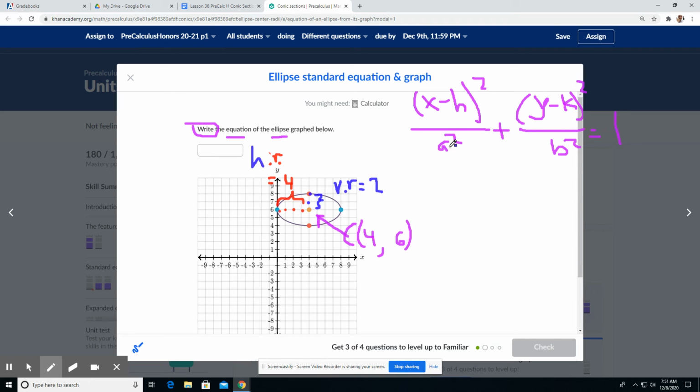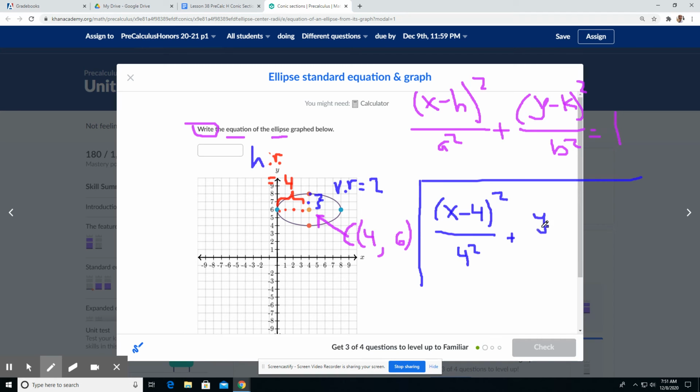Then we just fit everything into this formula, and we should be done. Let's check. x minus the x part of the center is 4, quantity squared over the a, which is the horizontal radius. Horizontal radius is 4. That gets squared.